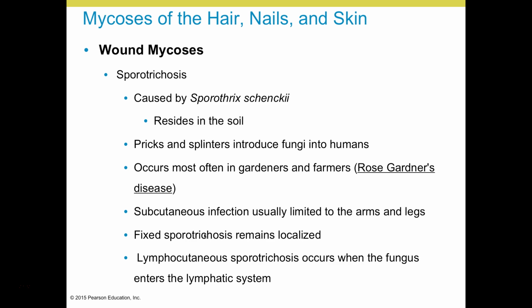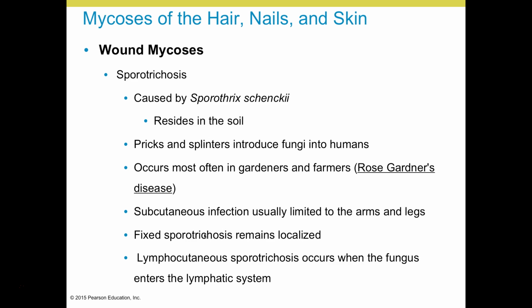Okay, sporotrichosis. The sporothrix also reside in the soil. Again, people who work on farms mostly get it. They call this rose gardener's disease. It's mostly limited to the arms and the legs, okay?